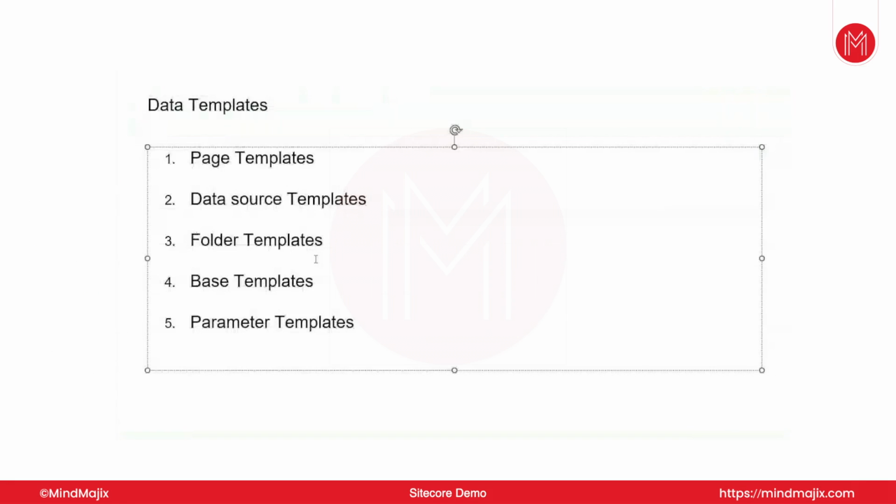These are base templates. We have already discussed this. Base templates are like, suppose you are creating one item and using some template, but you need some of the base fields. On all the pages, there will be one heading and one description field. Minimum, any page is going to have this.